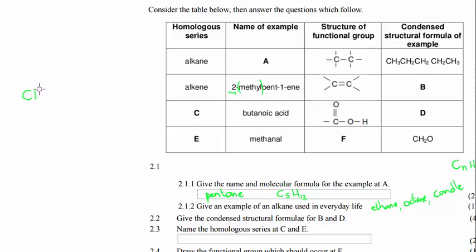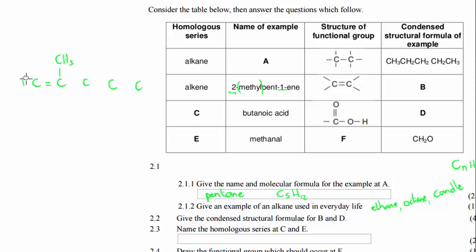Let's first just draw it. I like to draw it rather. I've got a pentene, so I've got 1, 2, 3, 4, 5. On my first one, I've got a double bond, and then on my second one, I've got a methyl, which is a CH3.